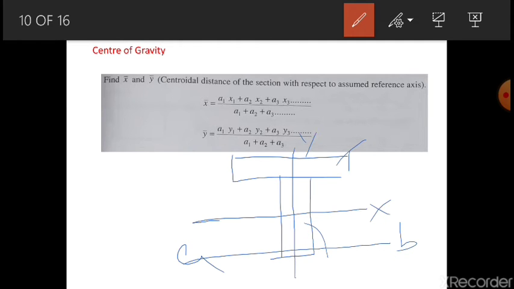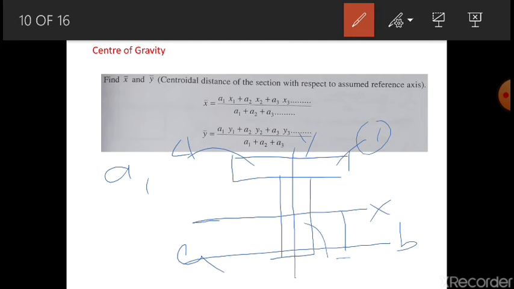So we'll calculate the area of the first figure, that is this section, so A1. Then we'll find out the x distance.